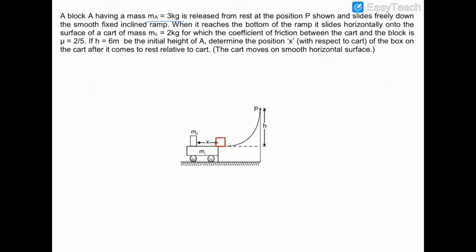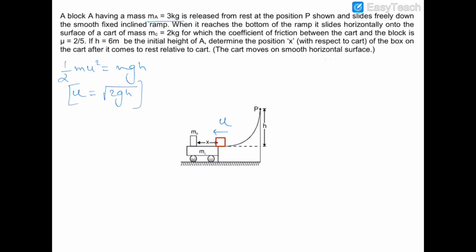Now first of all, we need to find out the velocity of this block at this point. Let's suppose the velocity of this block at this point is u. For calculating this u, we can directly use energy conservation, and therefore half m u square will be equal to mgh. In further numericals, I would be using this direct relationship as u equals under root 2gh.